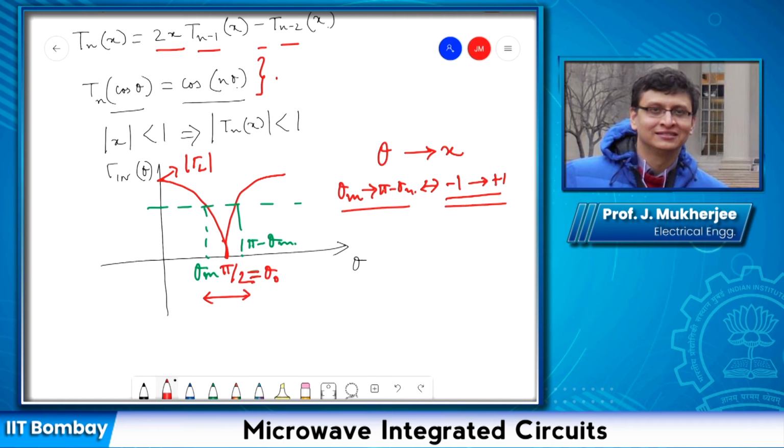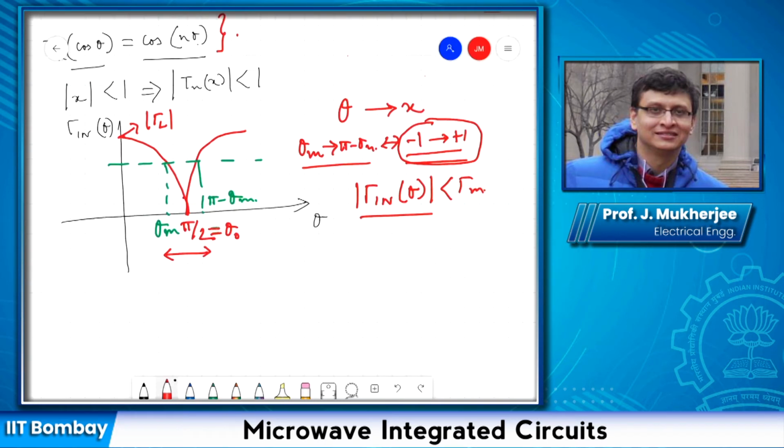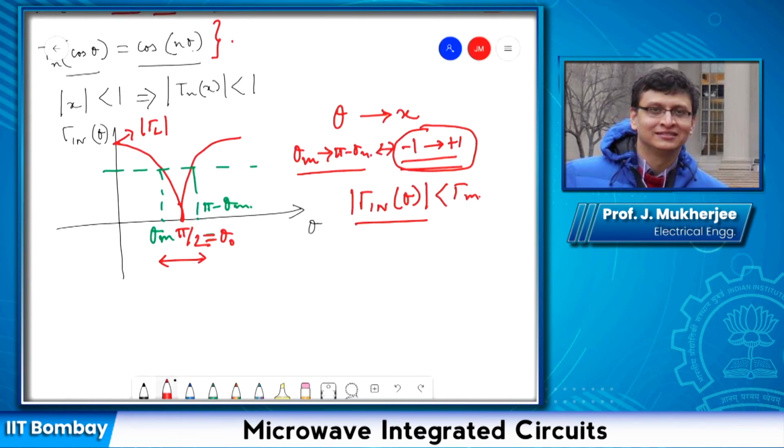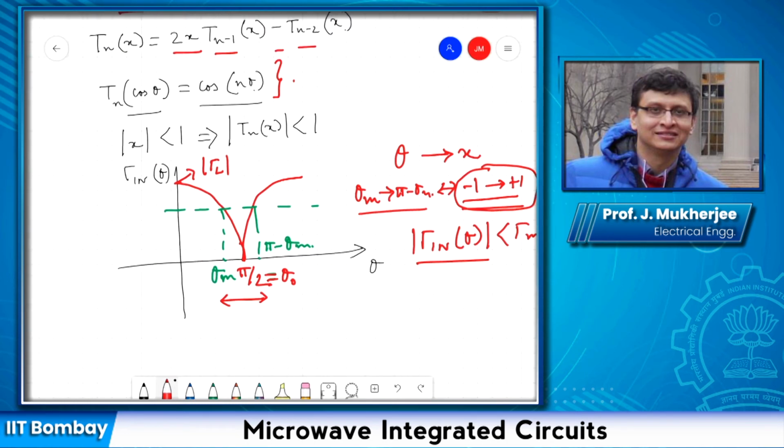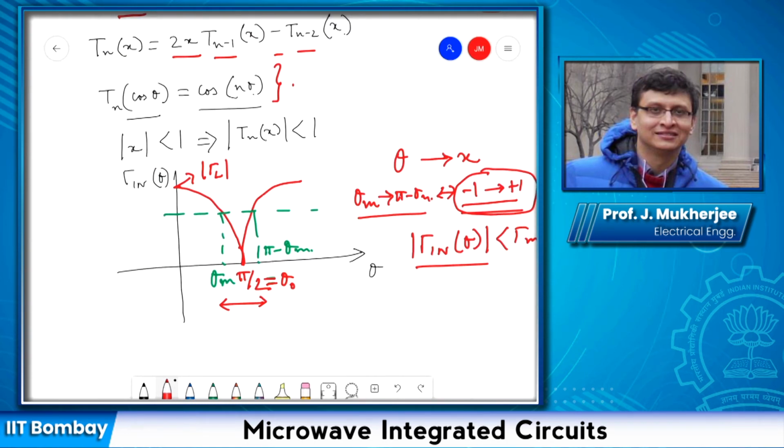So this range of x will correspond to the passband, and within this range, our gamma in theta will have a magnitude lesser than gamma n. That is also something we have to frame. As you saw, the Chebyshev polynomial allows this facility that when mod x is less than 1, the magnitude of Tn of x will also be less than 1.